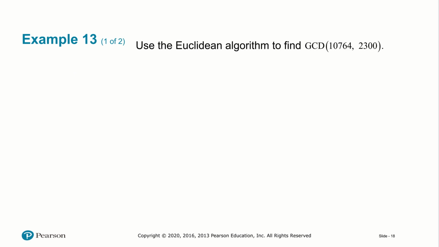Okay, let's go ahead and do a problem where we use the Euclidean algorithm a little bit more extensively. Let's say we want to find the GCD of these two numbers. All right, so of course we know that this is the larger number and this is the smaller number. So we're going to do this with some help from technology.